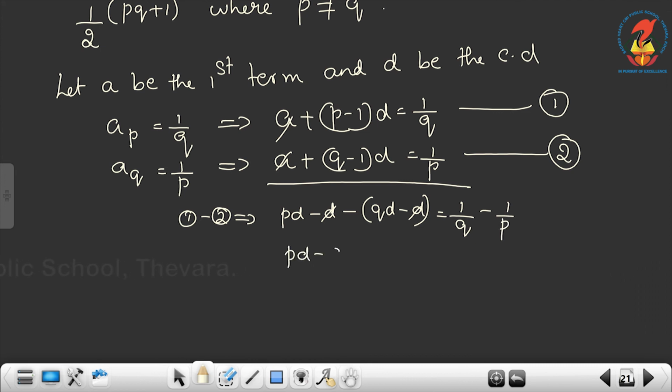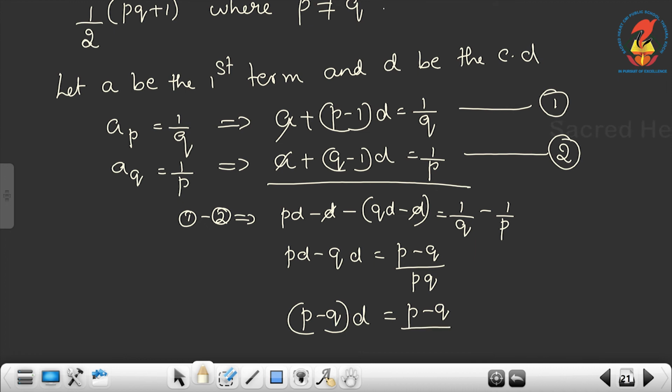So PD minus QD. Cross multiply PQ. Or P minus Q into D is P minus Q by PQ. So P minus Q and P minus Q cancel. Therefore D is 1 by PQ.